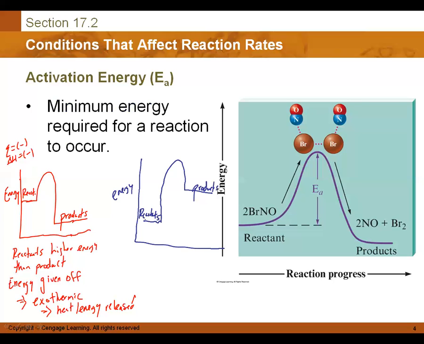In this particular case, our reactants are actually lower in energy than our products. So if you think about in order for our reactants to get up to our products, the energy has to be put in. So energy has to be absorbed. And remember that when you absorb energy, that is an endothermic process.